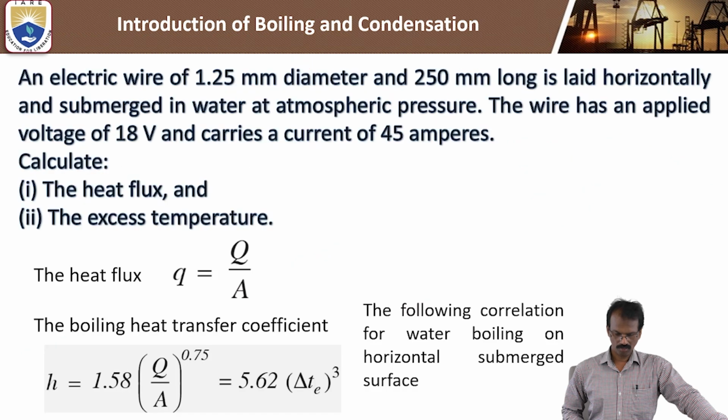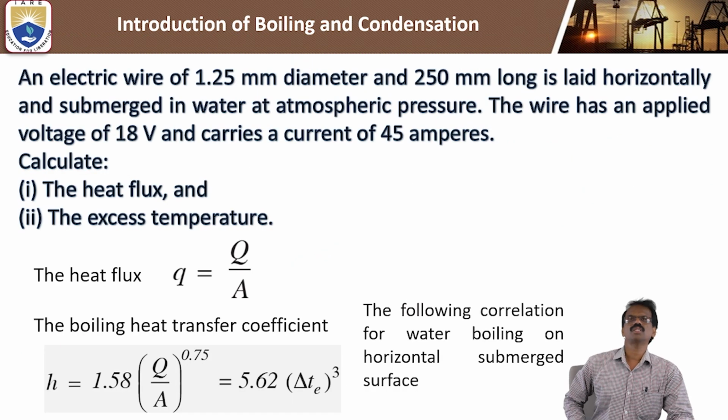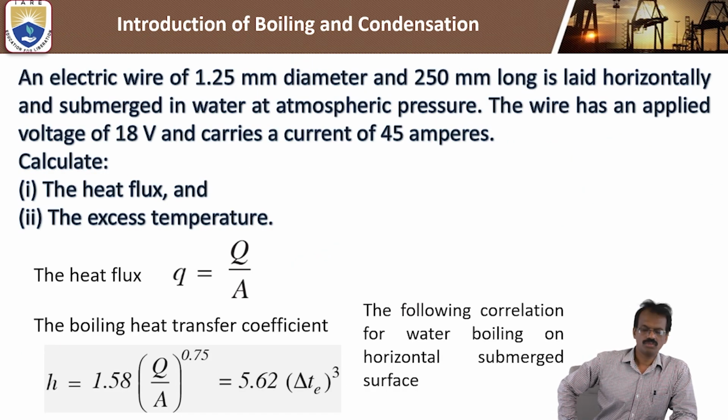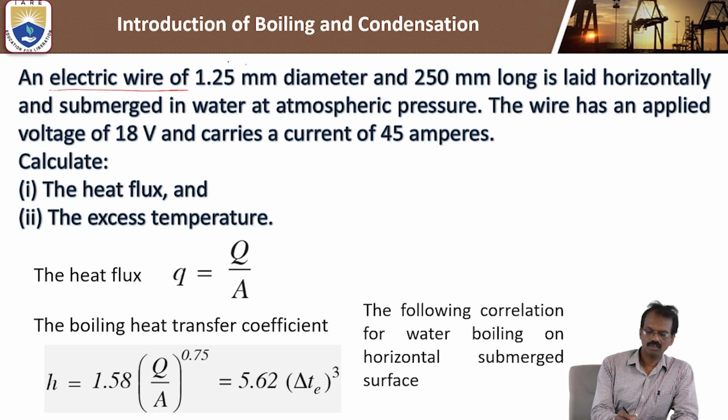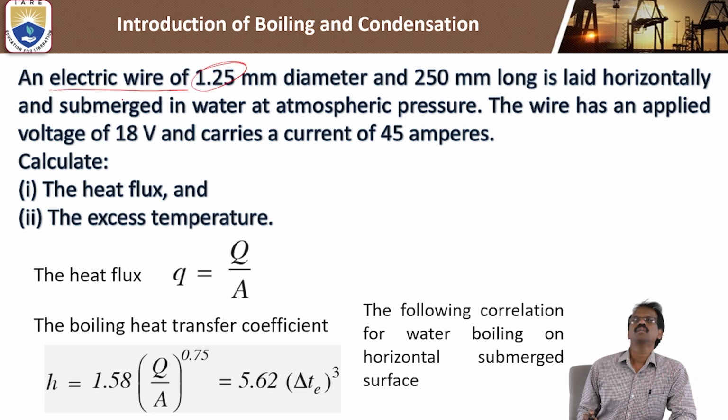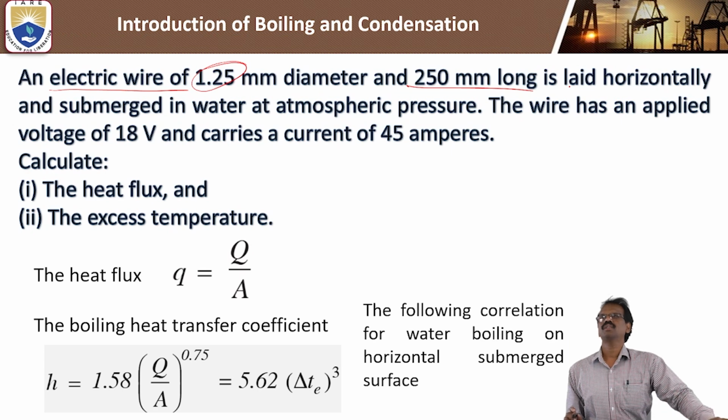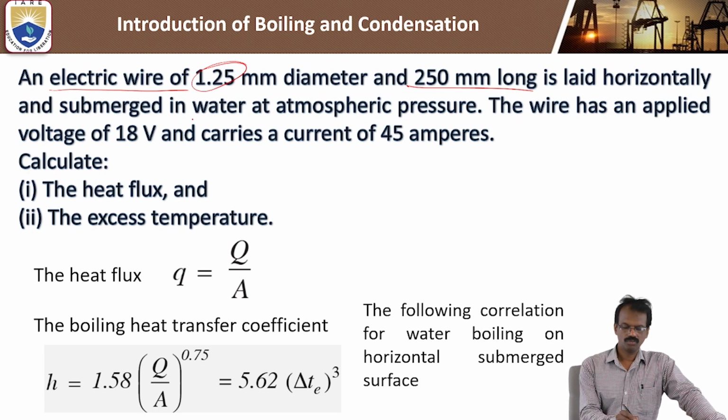Okay. So we'll see one more numerical which has been given in the question bank. An electrical wire of 1.25 mm diameter, and 250 mm long, length also given, is laid horizontally and submerged in water at atmospheric pressure.